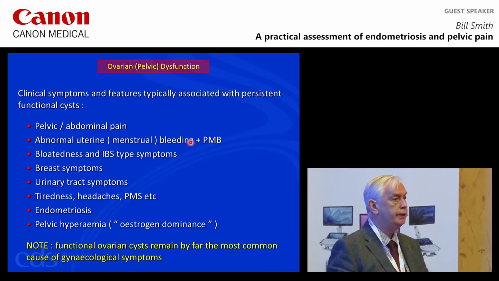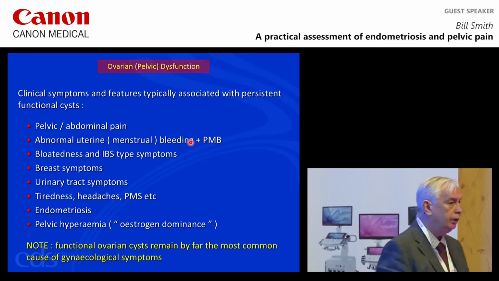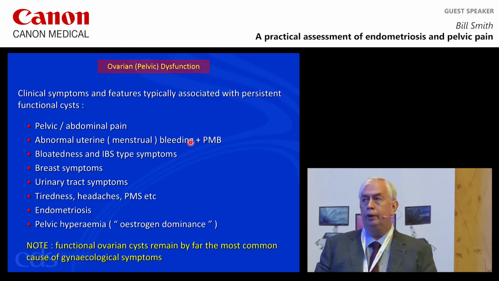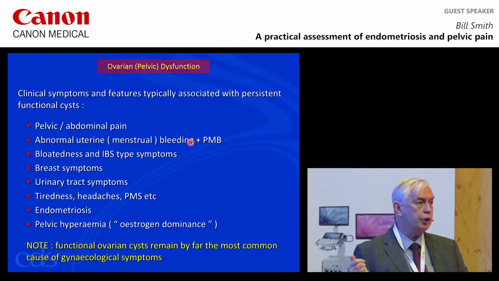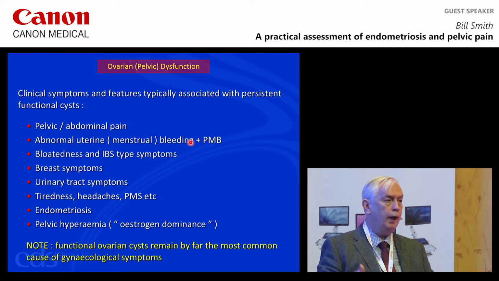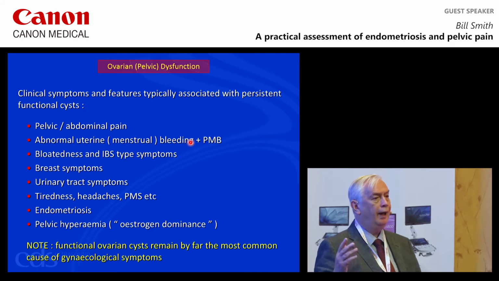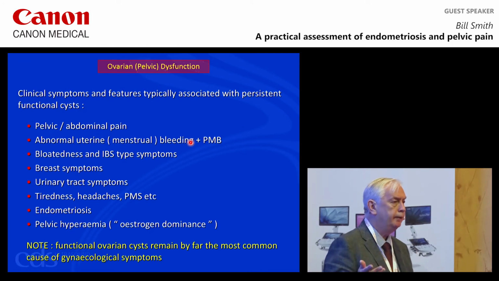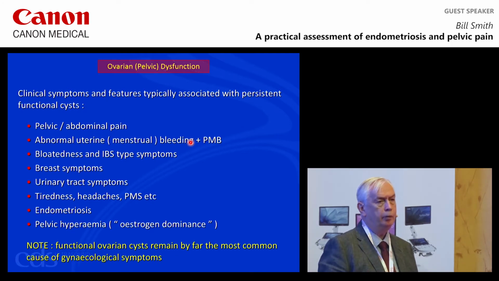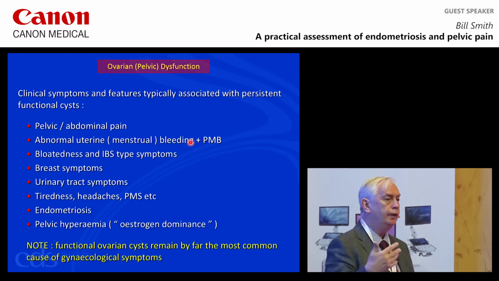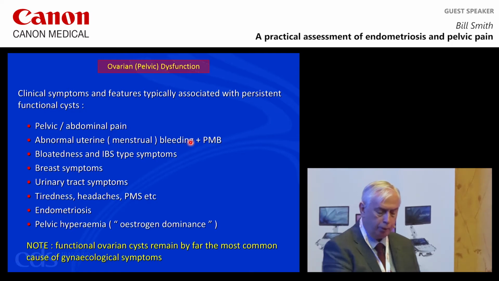It's not endometriosis, it's not ovarian torsion, it's not uterine factors, it's functional. So we have to think in terms of how often this syndrome is picked up, and it isn't. Therefore we have to question our management of pelvic pain.